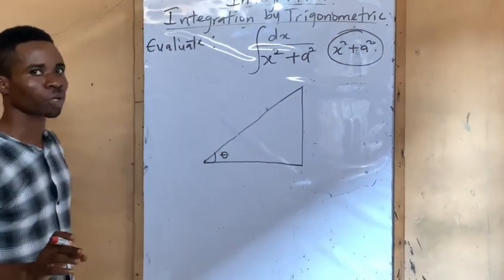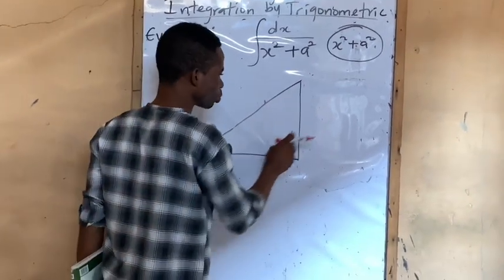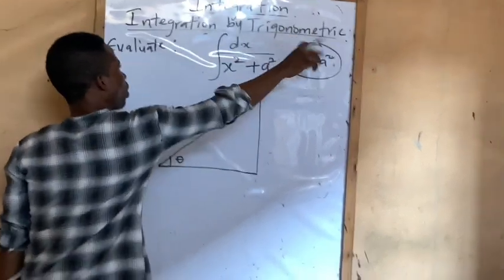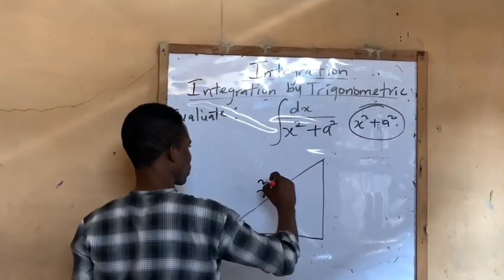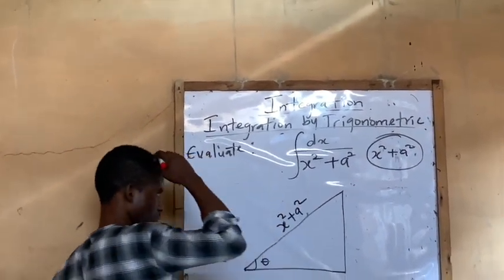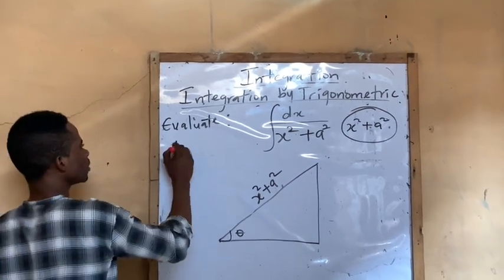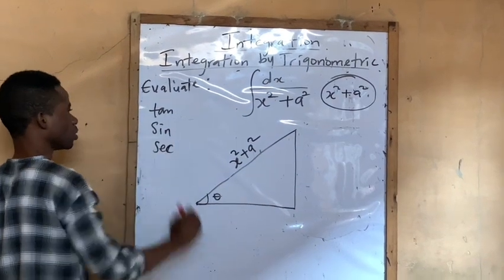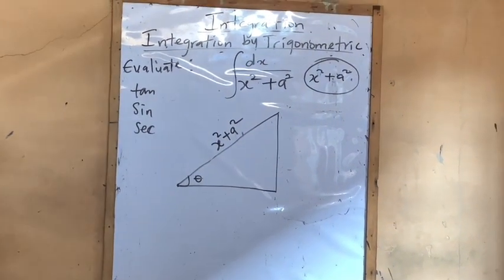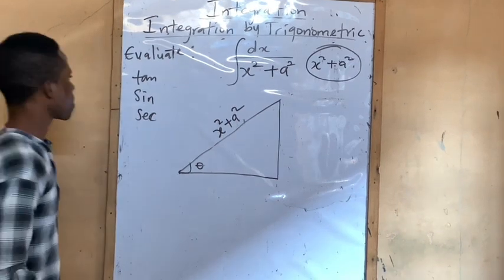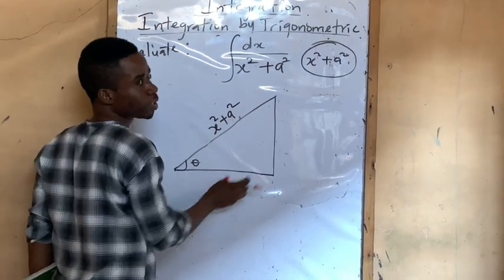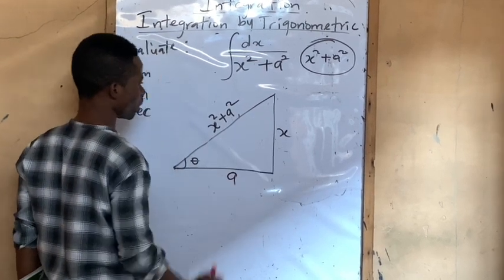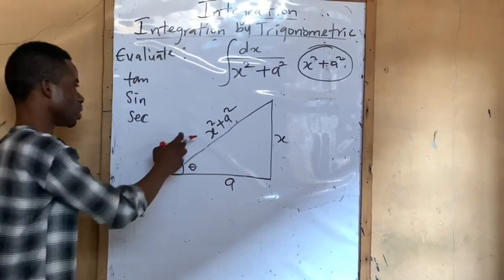If you add these two sides together using Pythagoras theorem, they will give you something like this, so all of this is my hypotenuse. And do not forget, we work with tan, sine, and sec in integration by trigonometric substitution. How will we now relate? If I put my x here, I'll put my a here.